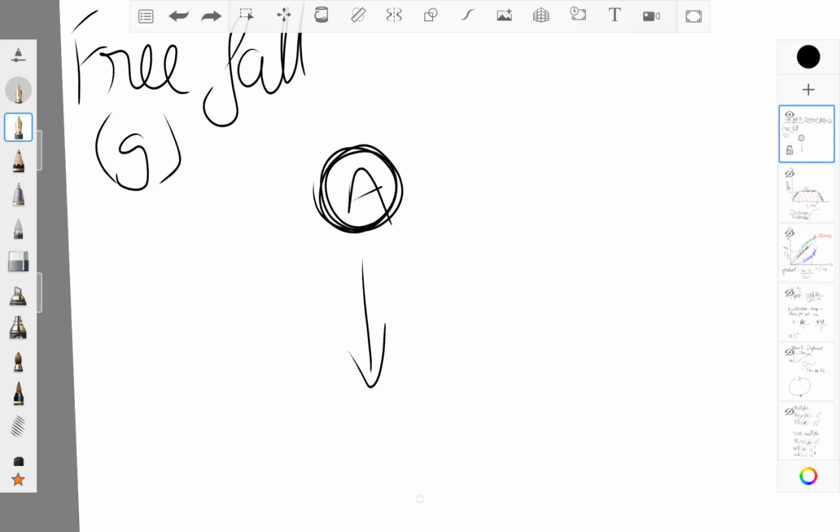So you should use whatever knowledge you have about free fall to answer that question. So when an object falls under the influence of gravitational force alone or without any resistive forces, it falls freely.